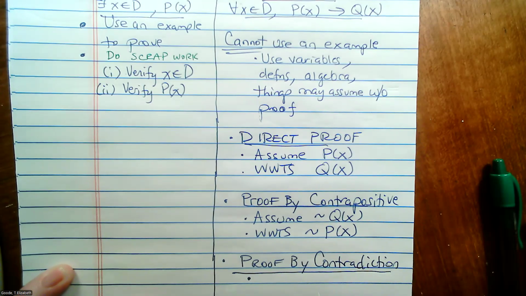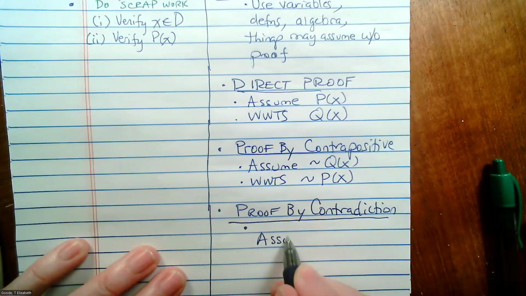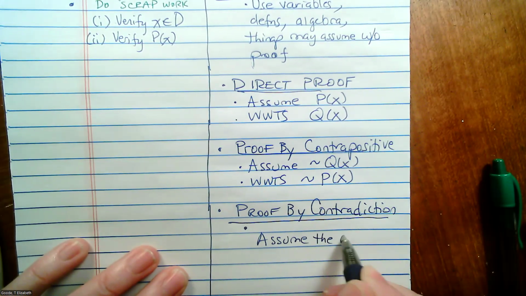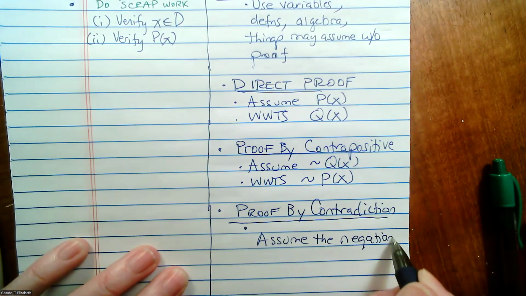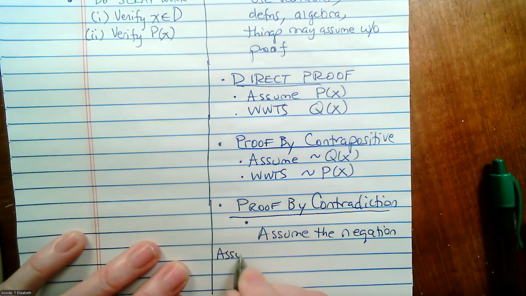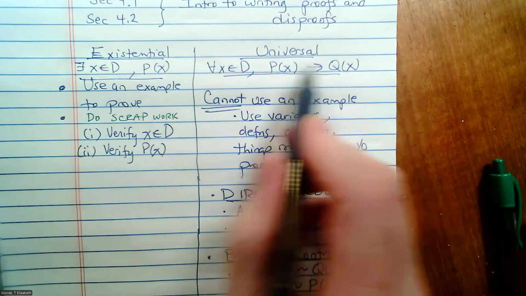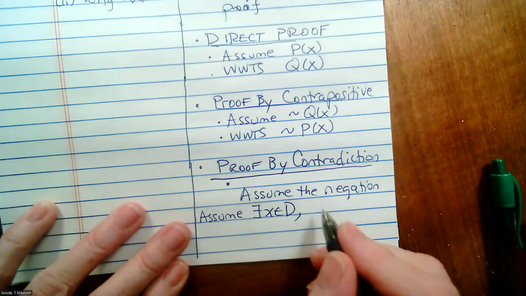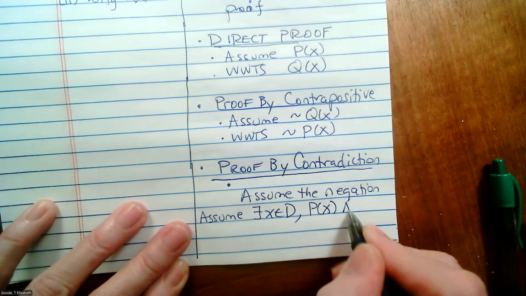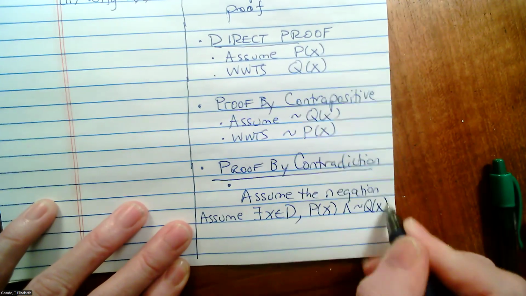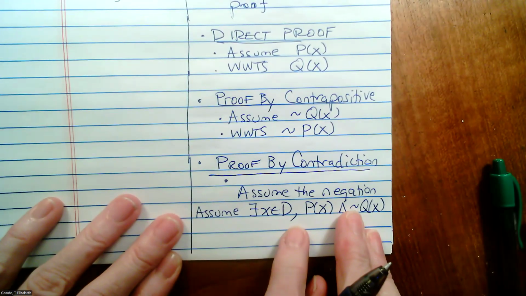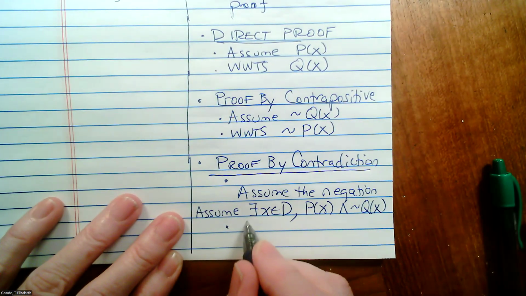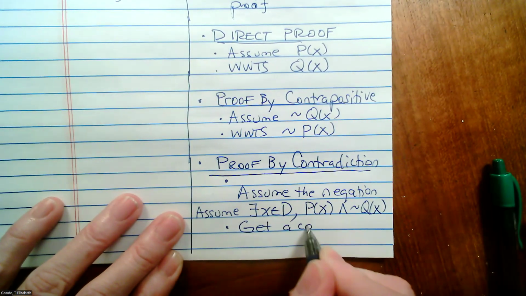Proof by contradiction, we assume the negation. In other words, the negation of for all is there exists an X in D. And the negation of if P then Q is that P happened and Q failed. This is what you assume. You assume the negation, and then we get a contradiction.